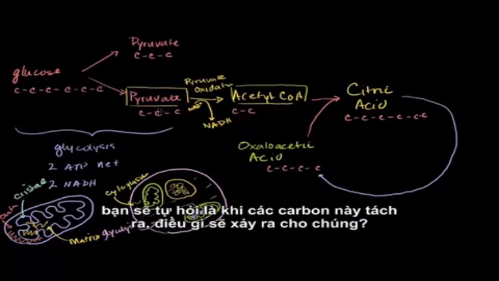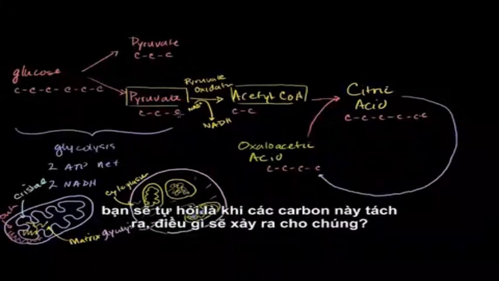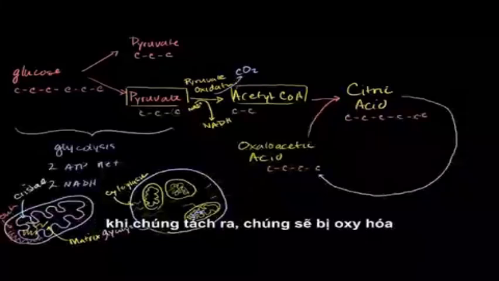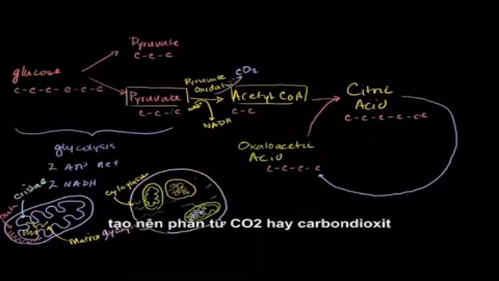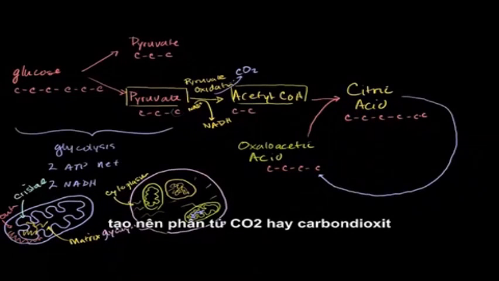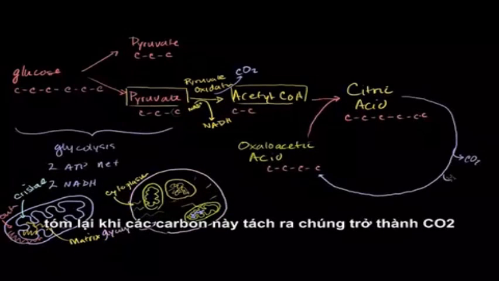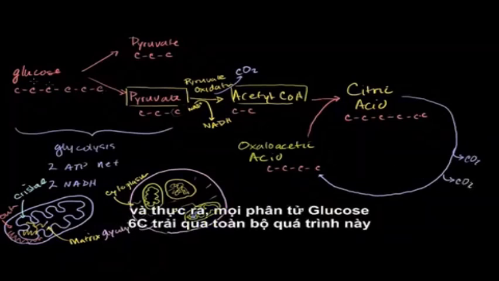And you might be saying, hey, when these carbons are cleaved off, like, when, let's say, this carbon is cleaved off, what happens to it? It becomes CO2. It gets put onto some oxygen and leaves the system. So this is where the carbon dioxide actually gets formed. And similarly, when these carbons get cleaved off, it forms CO2. And actually, for every molecule of glucose, you have 6 carbons.